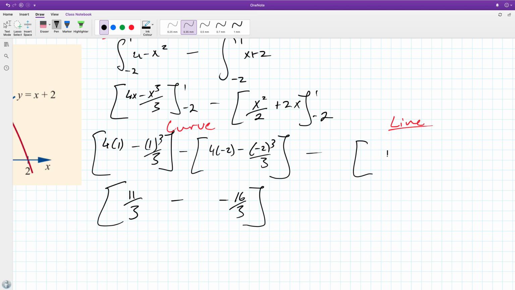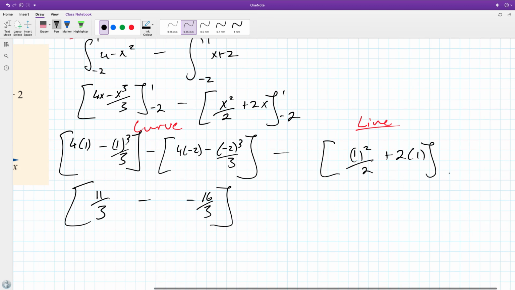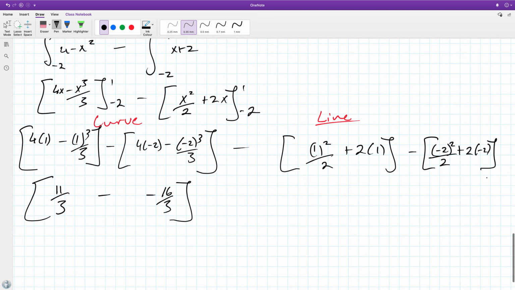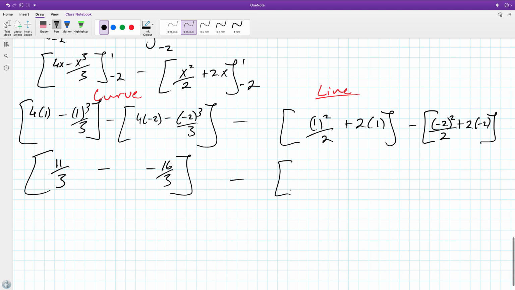That is 1 squared over 2 plus 2 times 1, minus minus 2 squared over 2 plus 2 times minus 2, which is 1 squared over 2 plus 2 times 1, 5 over 2. If you're getting different answers here, lads, give me a shout just in case I made a calculation mistake.